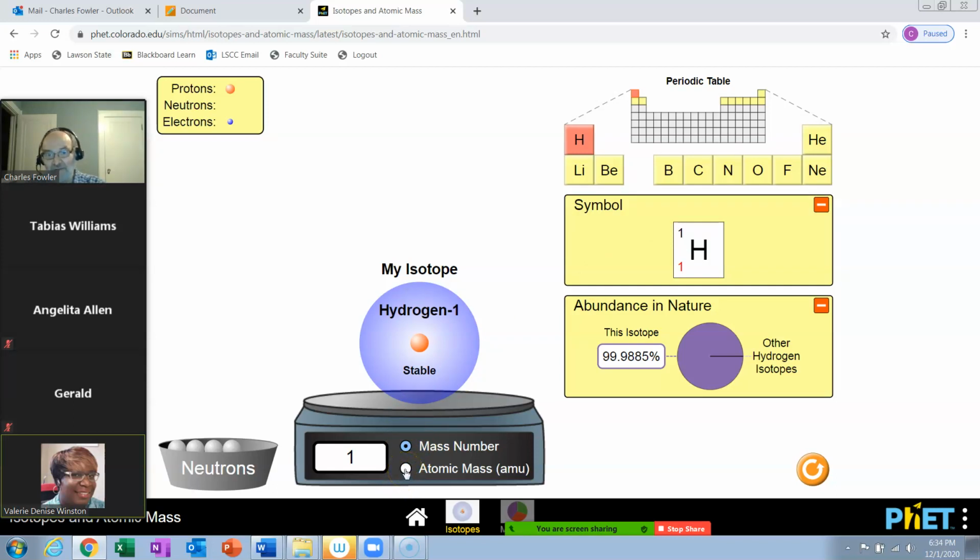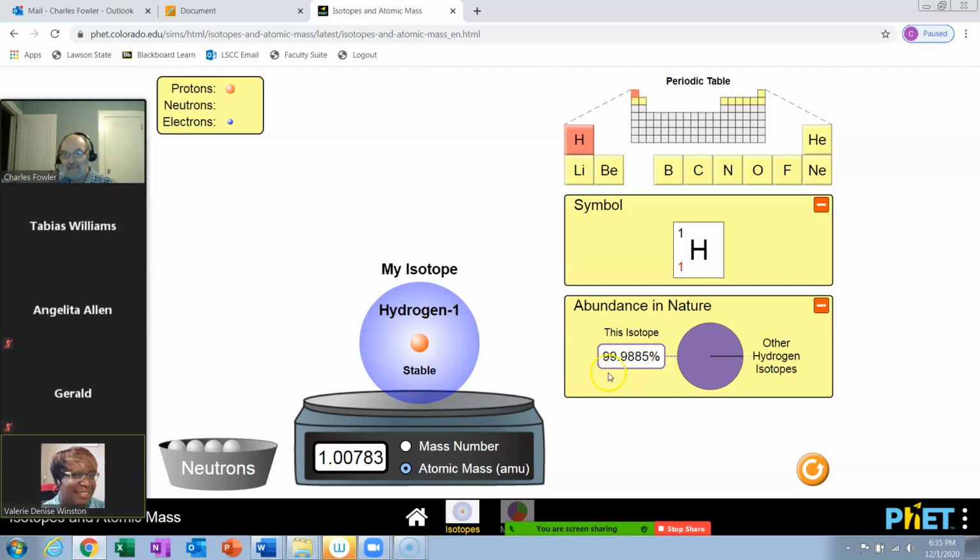We go down here and click on atomic mass. And what is it? Okay, you got it? What is the symbol? 1H, just like you see right here. And what's the abundance in nature? Perfect. You've done your first one. Does that make sense?